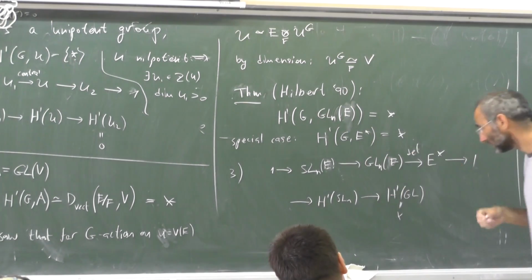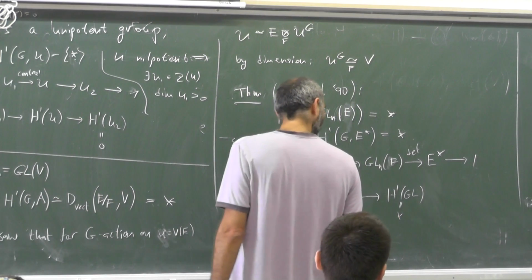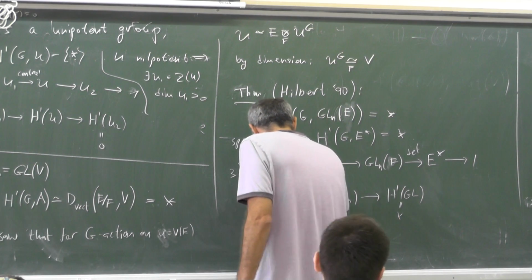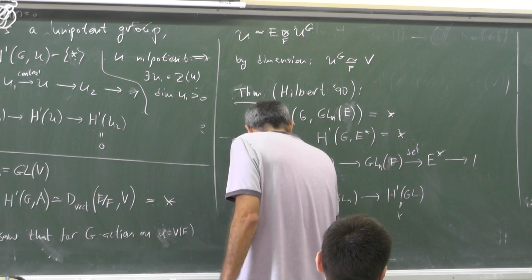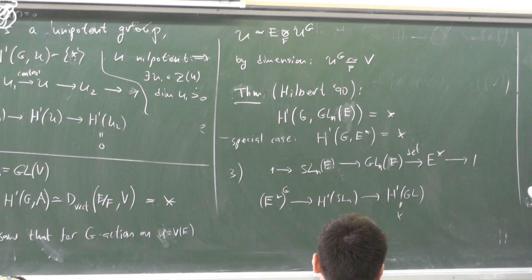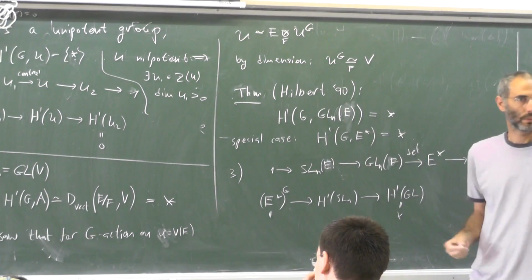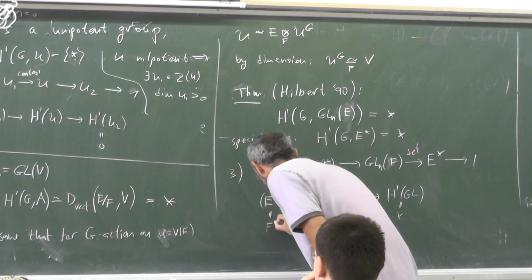So everything is the image of what? Of E star G. What is E star G? It's F star.